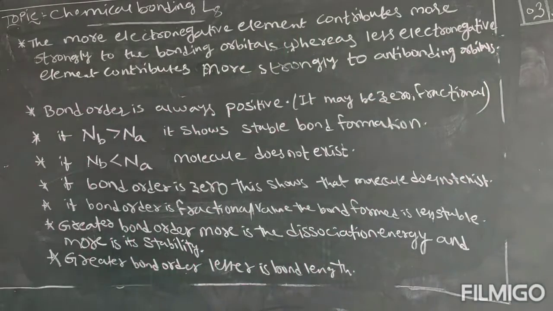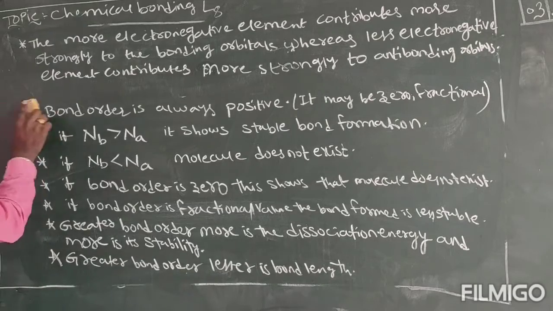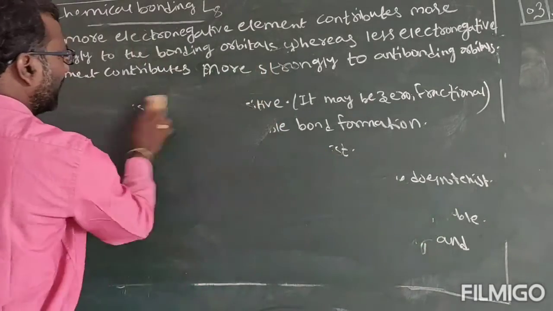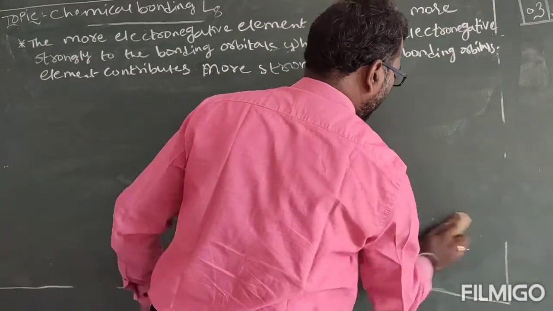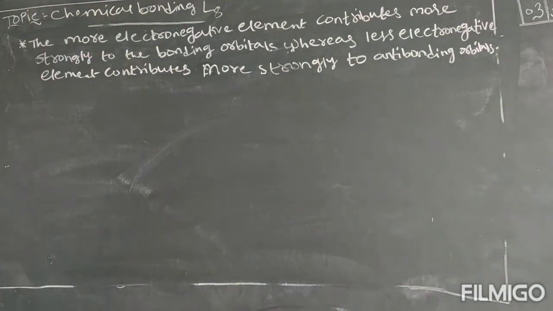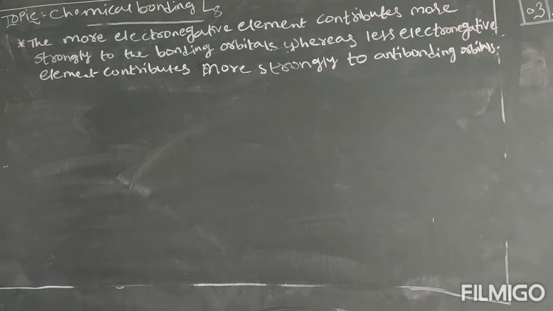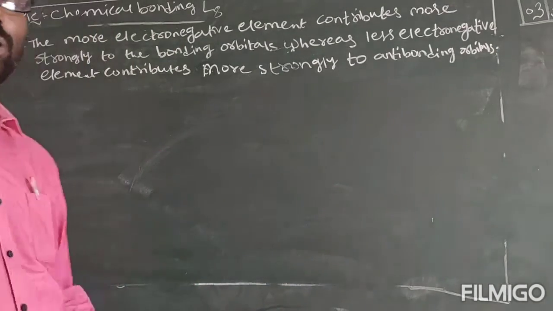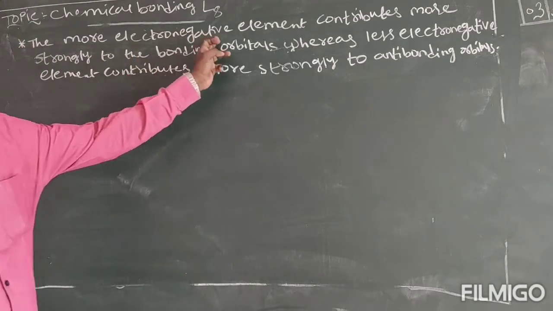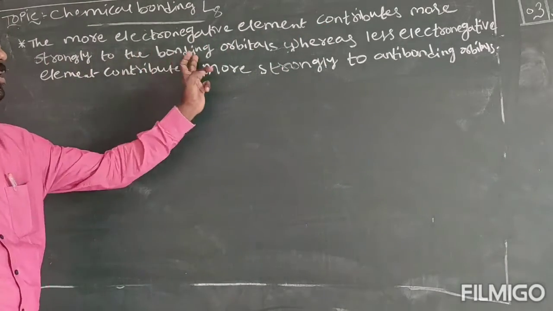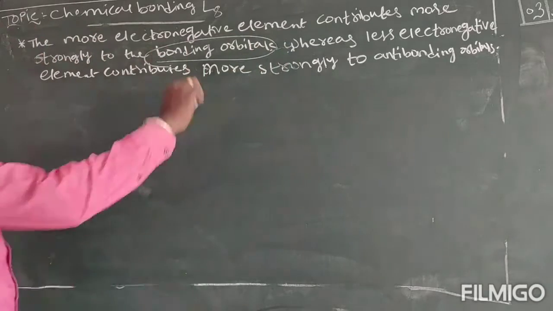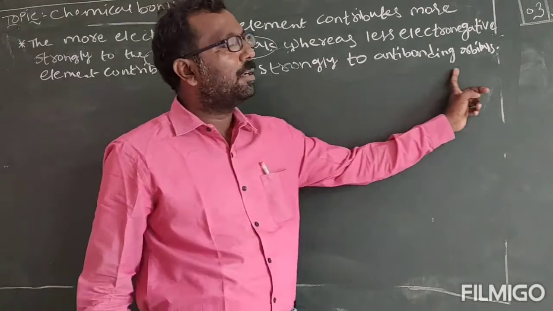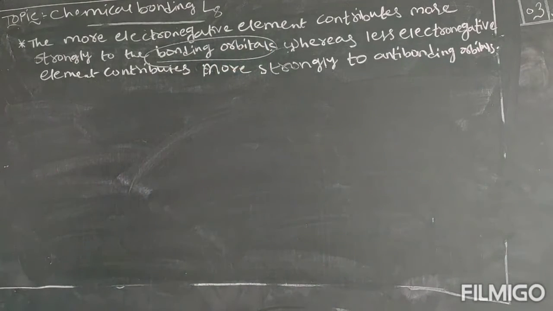Okay, hope you have looked at all this. If there are molecules we are discussing, that molecule consists of a more electronegative element and a less electronegative element. So the more electronegative element contributes more strongly to the bonding orbitals, whereas the less electronegative element contributes to the anti-bonding orbitals.